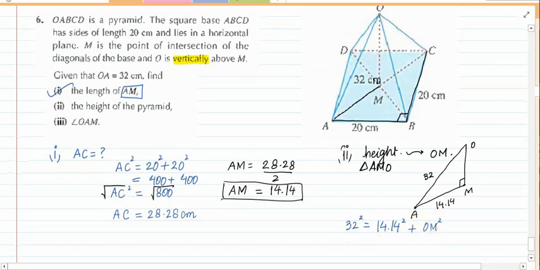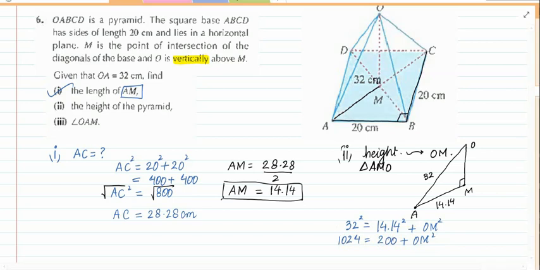OM squared. So if I solve it, 32 squared is 1024, equal to 14.14 squared is 200, plus OM squared. So 1024 minus 200, it's 824.